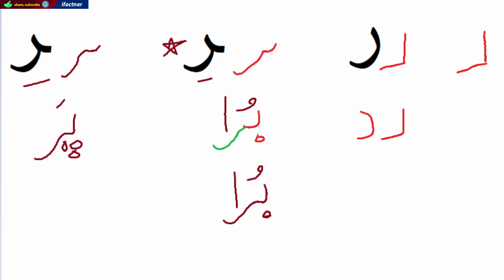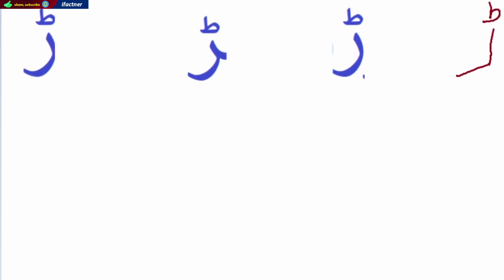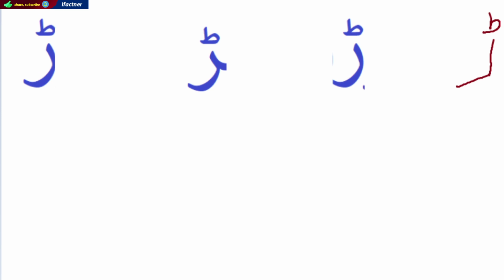The tip of our tongue should be touching the back end of our top teeth. You have to roll your tongue to pronounce it, and the back end of the rolled tongue should be touching the upper palate of your mouth.